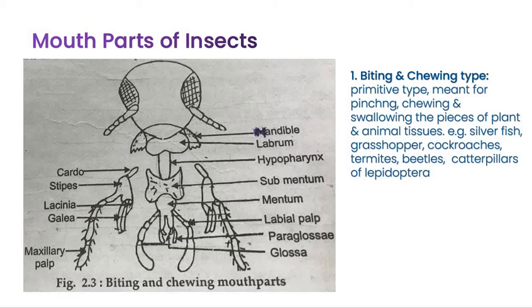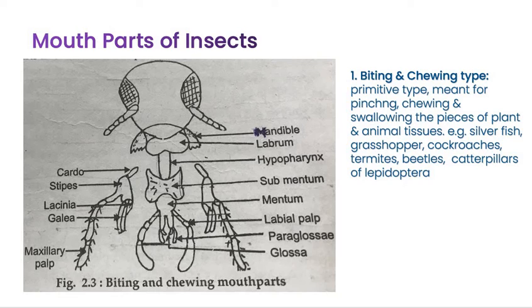These parts collectively form the mouth of the insect, like our mouth, which has an upper jaw, lower jaw, teeth and tongue. In the same way, there are different parts such as the maxillary palp, hypopharynx, labium, labrum, mandibles, glossa and paraglossa. They collectively form the mouthparts of the insect.